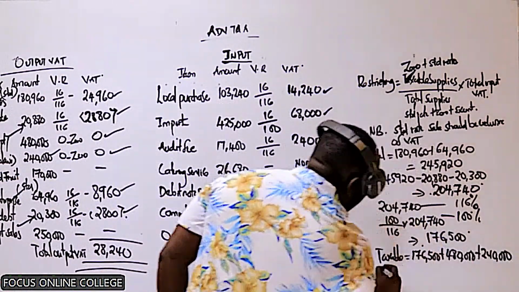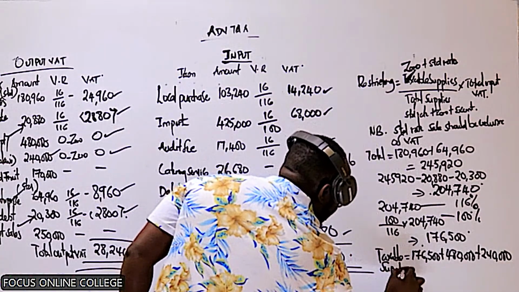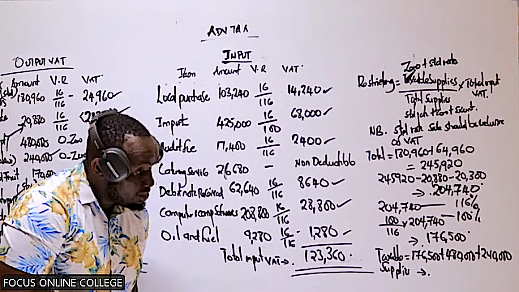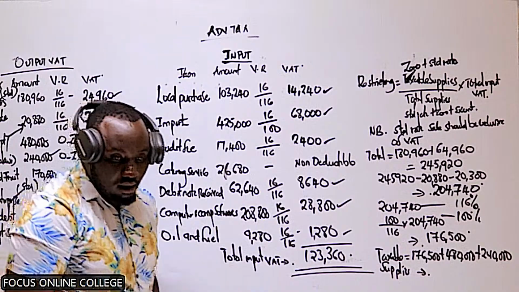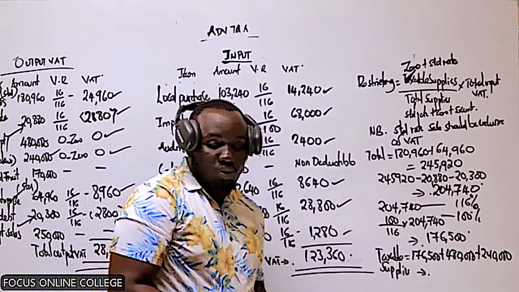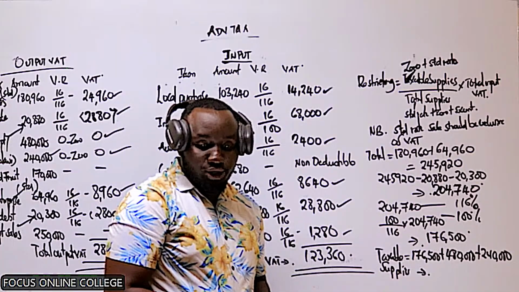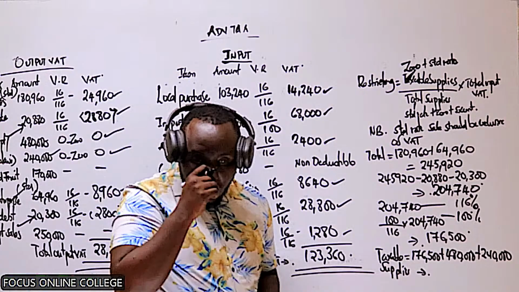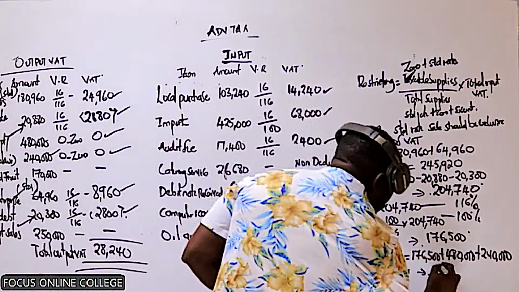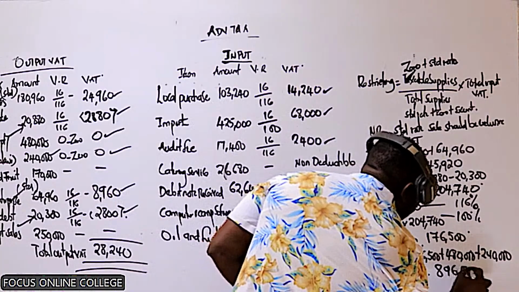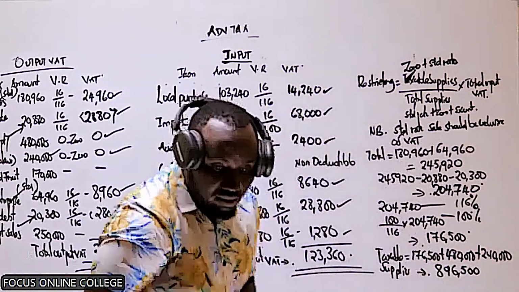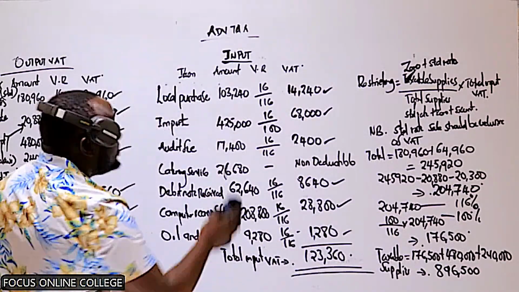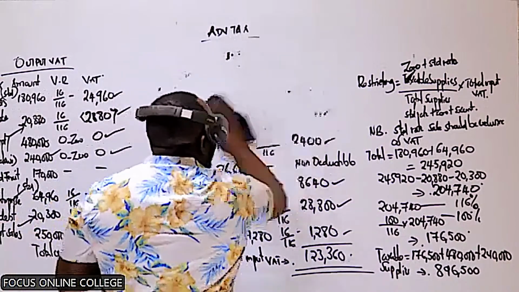Give me the figure for the taxable supply. Plus this, plus that, what do you have? So we have a figure of 896,500. Can I wrap the input? Perfect. So then we get the total supplies.